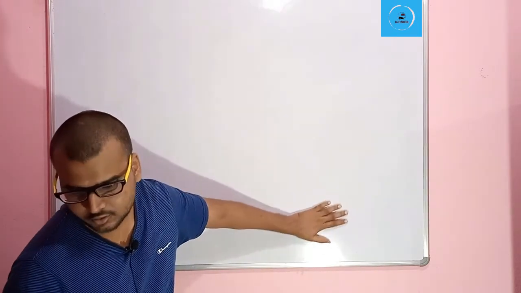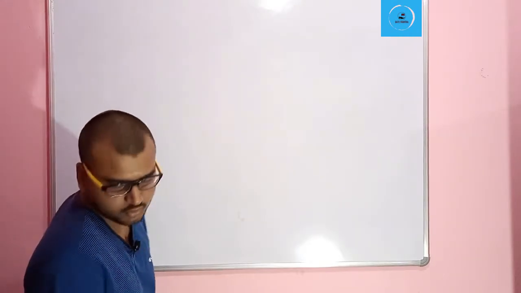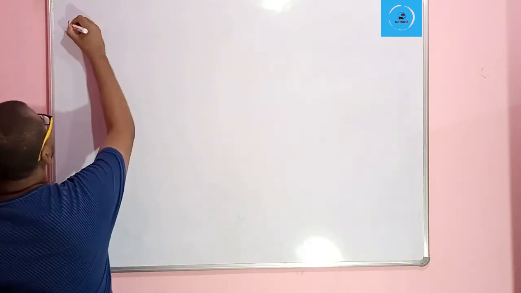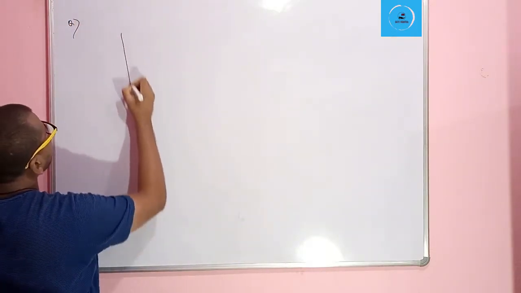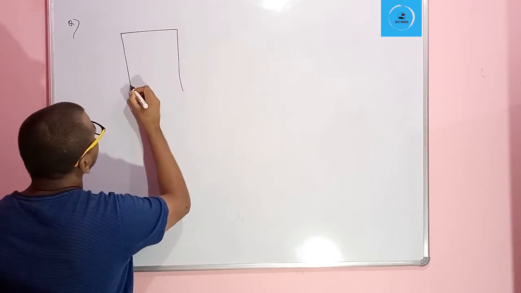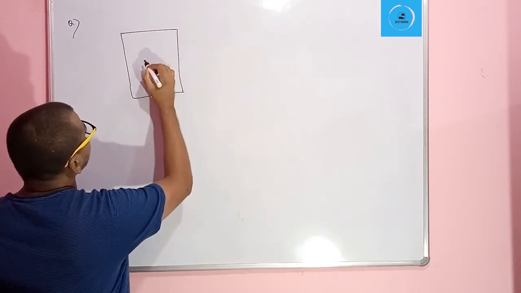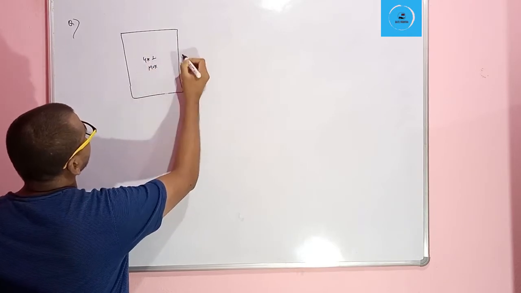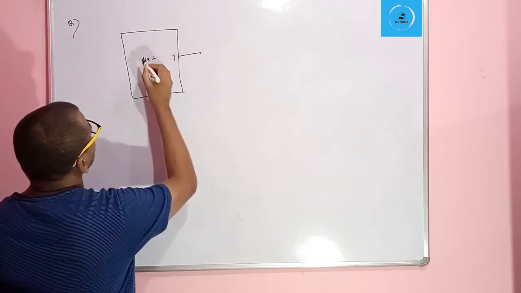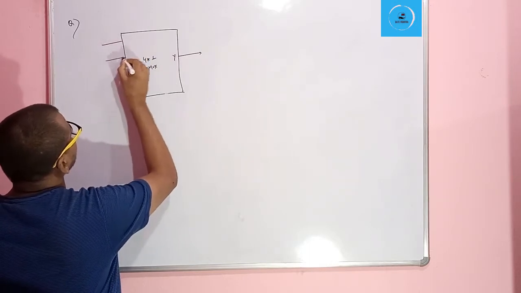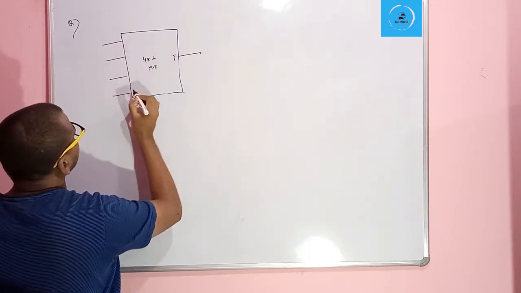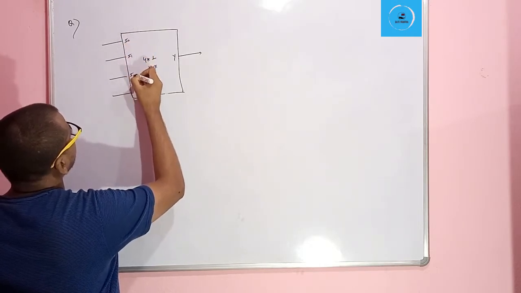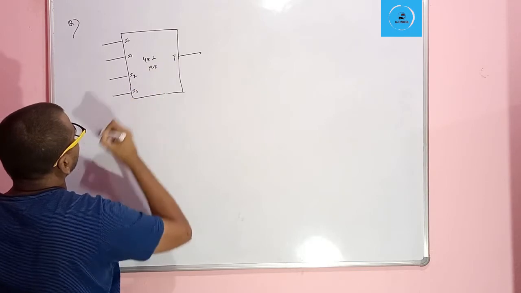Okay, so the question is, let's write the question. This is a 4 to 1 mux. This is output Y, and these are the inputs I0, I1, I2, I3.